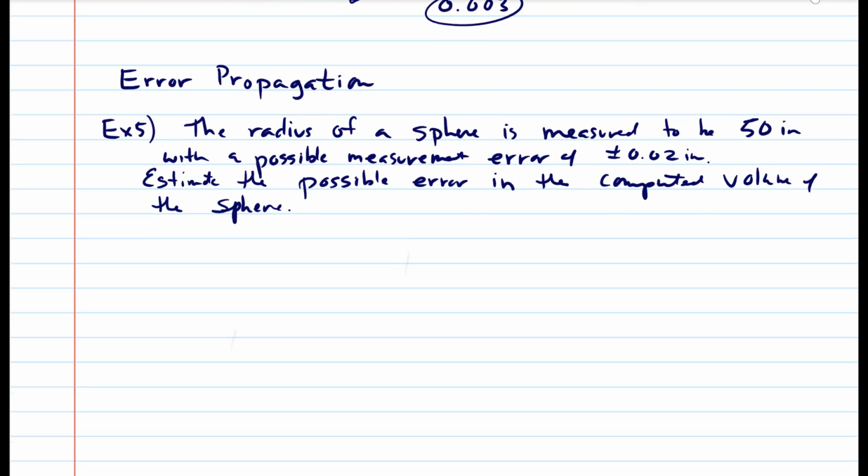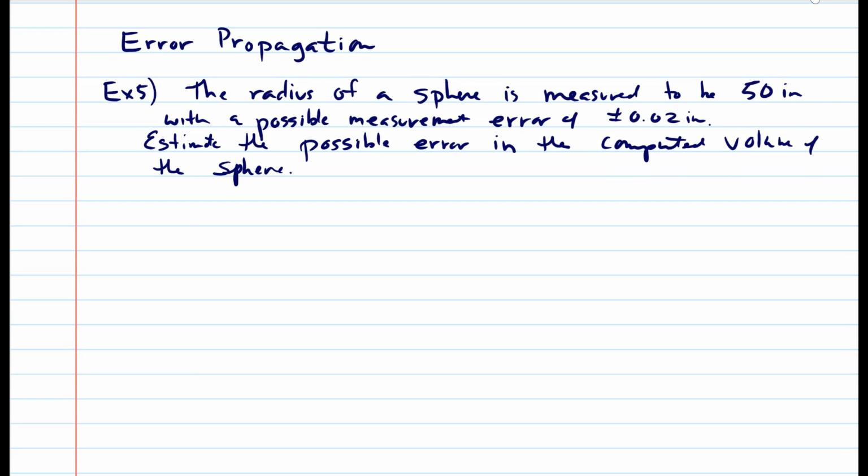If you guys remember, what is the volume formula for a sphere? The volume formula for a sphere is 4/3 pi r cubed. There it is. And so what we're going to do is take a derivative.